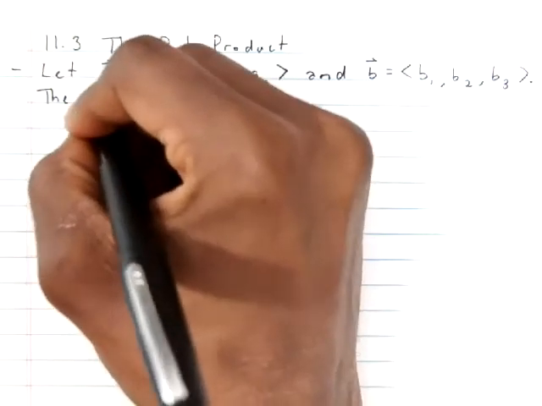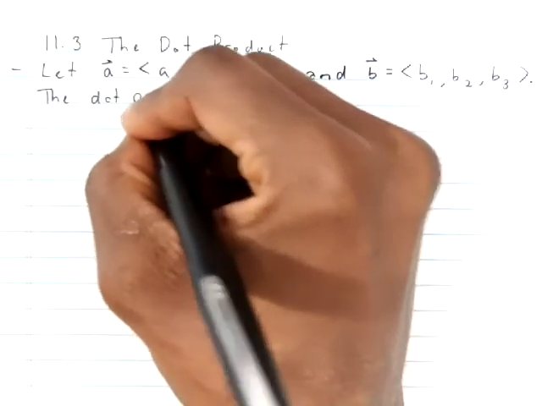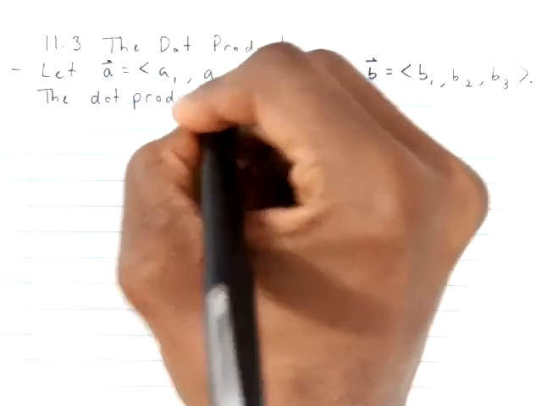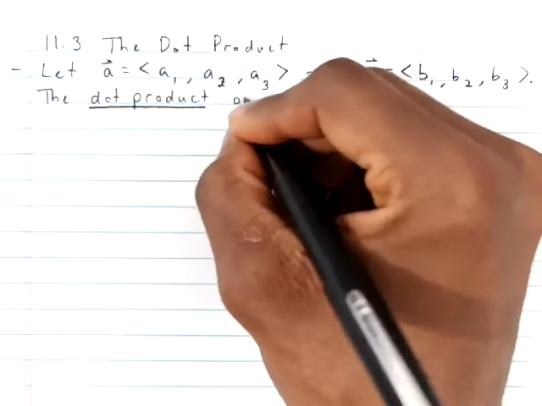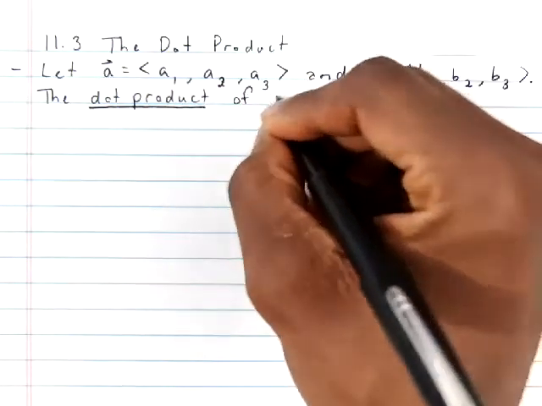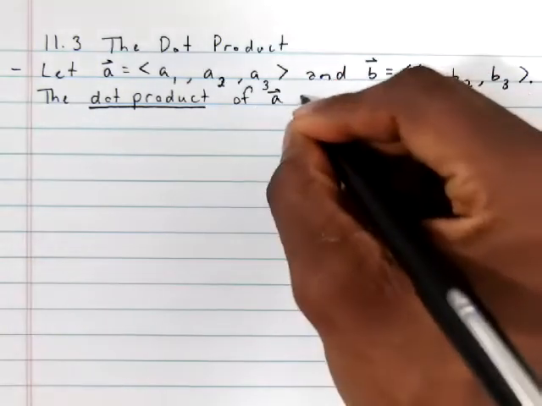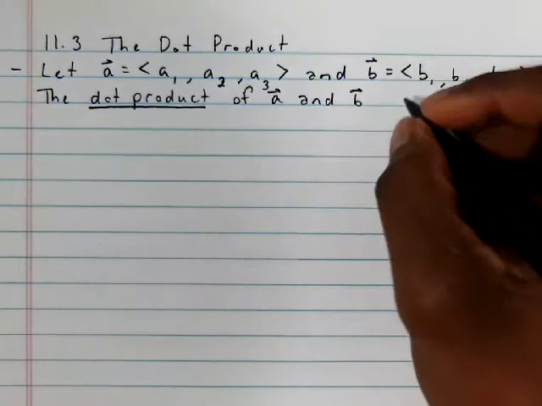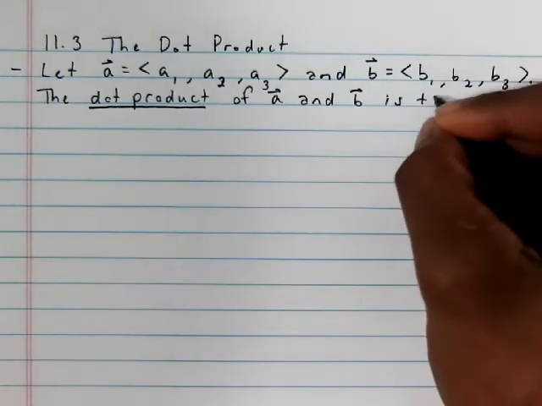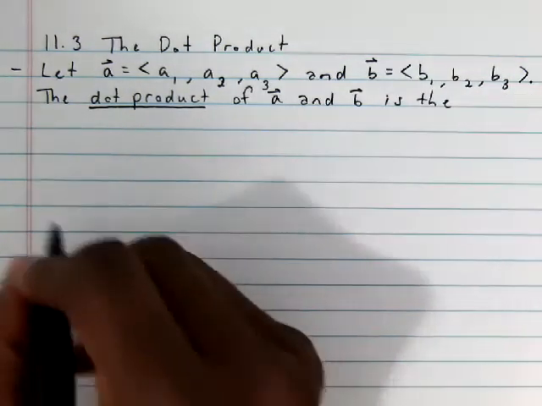The dot product of the vector A and the vector B is the scalar.